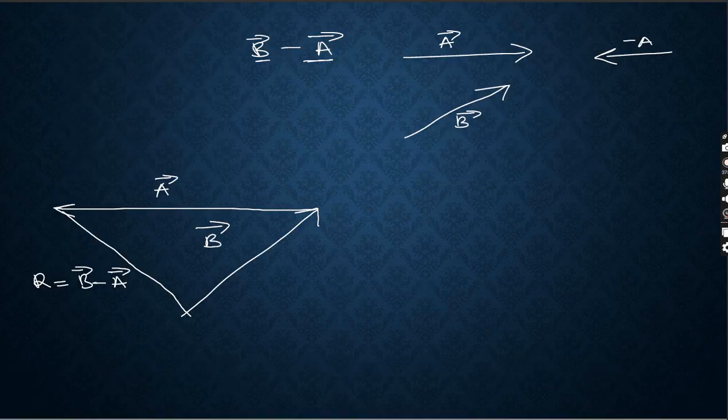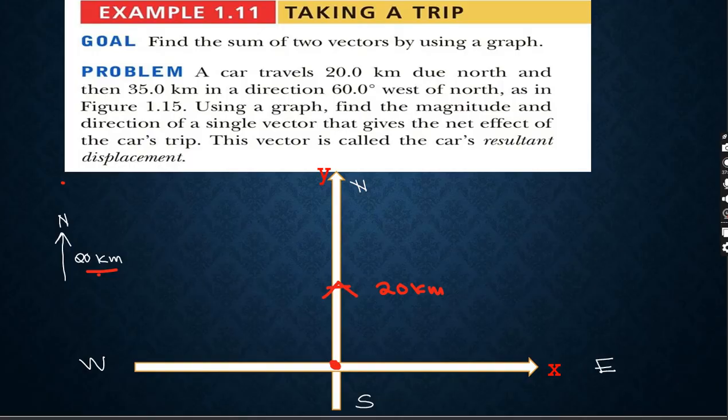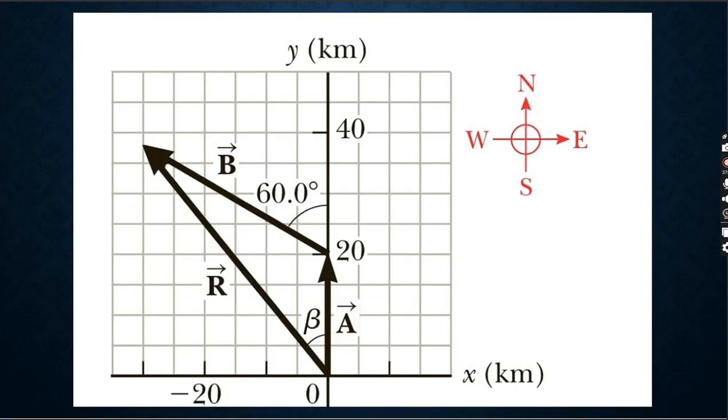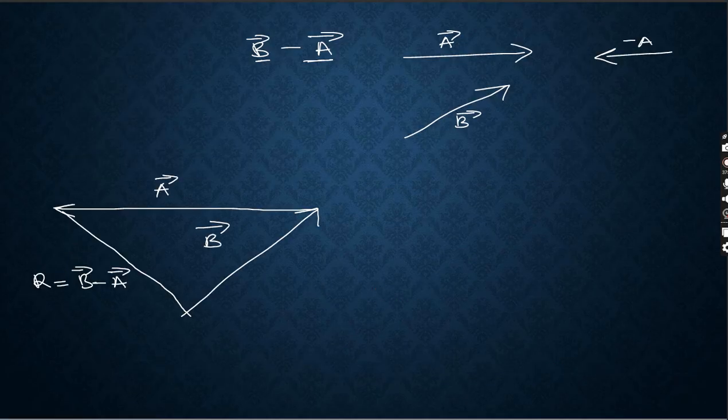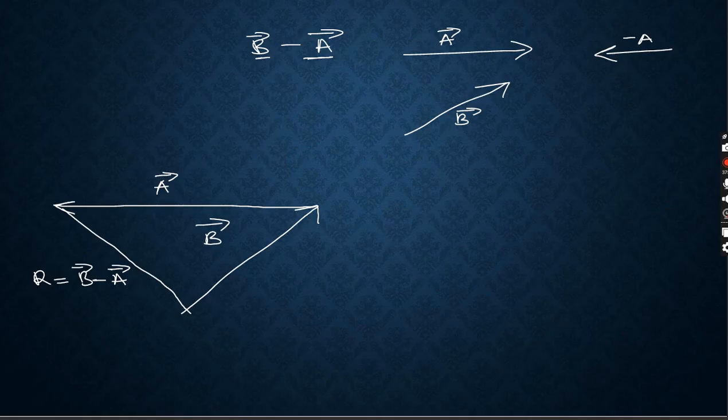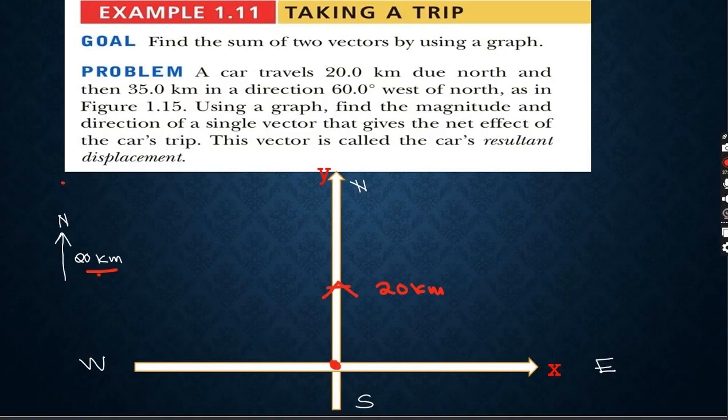I'm not very accurate when it comes to drawing. This is our first vector, moving north, 20 kilometers there.